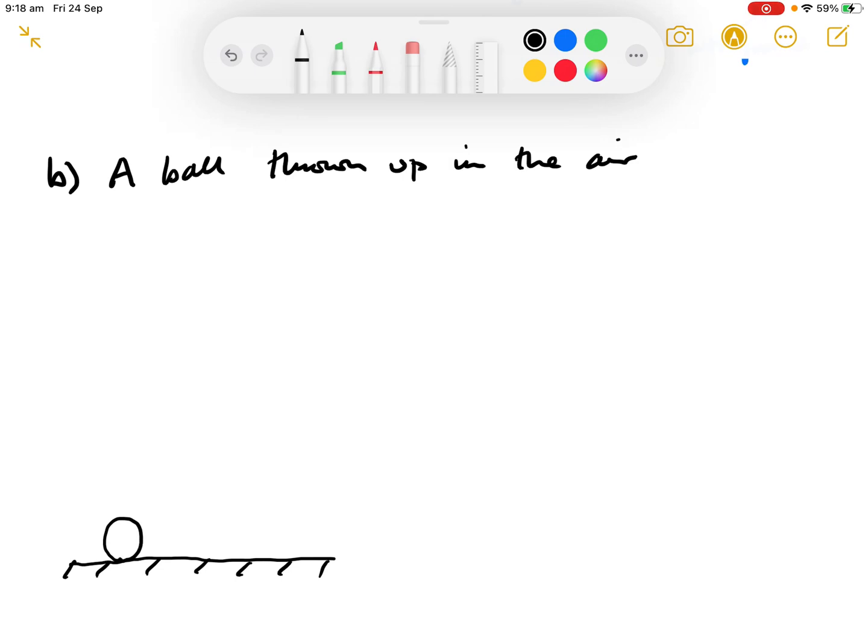I know that in real life, a person throwing a ball is already standing in the balls maybe a meter or so above the ground, but we'll just take it as if it's going from the ground itself. So the ball goes up, reaches the highest point, and then comes back down again, like so. Now I've made the ball look as if it's displaced slightly to the right. If it was an absolutely vertical throw upwards, it would be straight up and straight back down again. But this is just for clarity, okay?